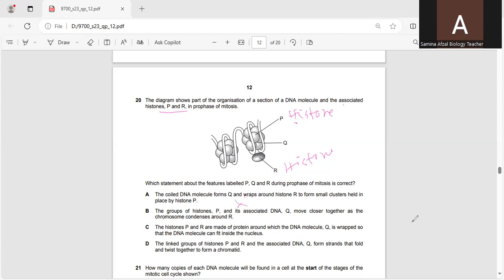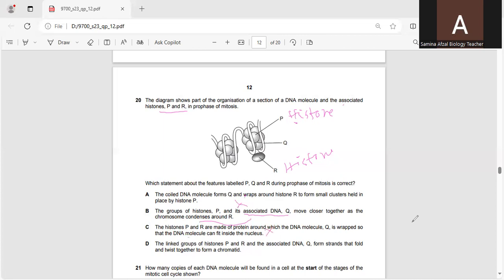No. P and R are wrapping. The groups of histone P and its associated DNA Q move closer together as the chromosome condenses around R. No. The histones P and R are made of protein around which the DNA molecule Q is wrapped so that the DNA molecule can fit inside the nucleus.